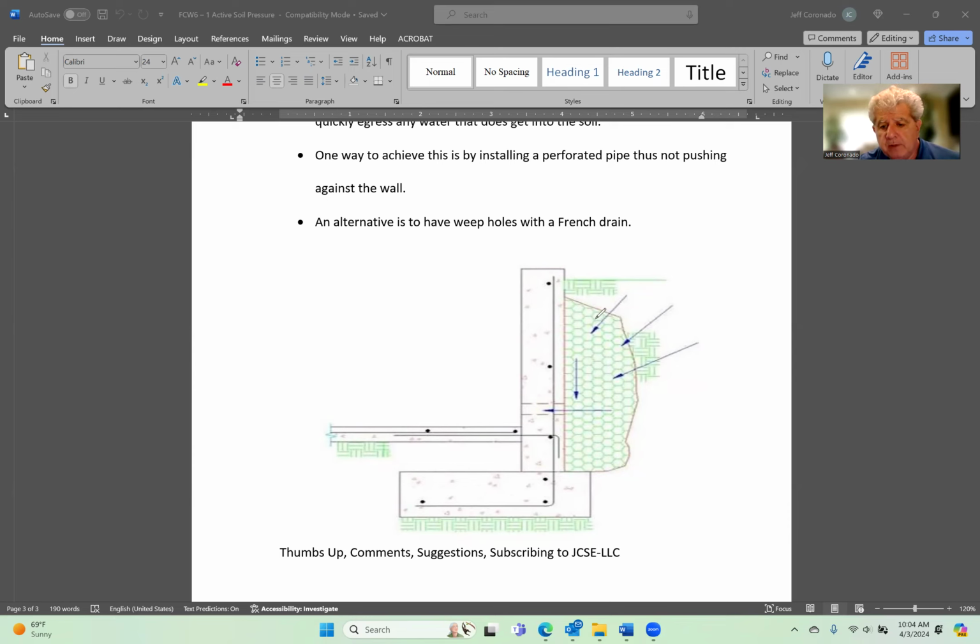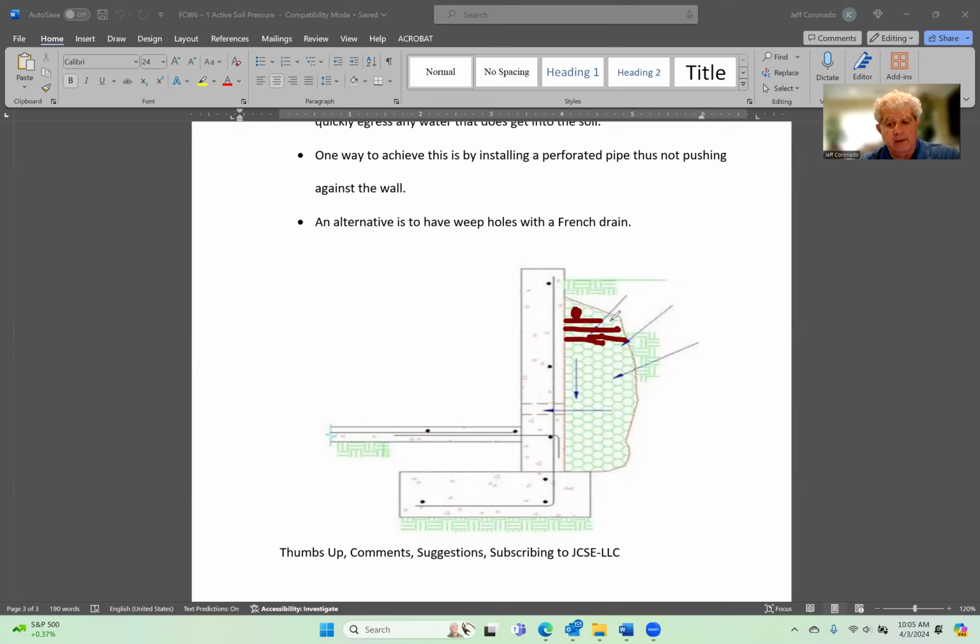And we put the French drain because we want the water to get out. If this were soil, if we didn't put the French drain and we only had soil against the wall, that water could potentially, especially if we have higher clay contents in the soil, struggle to free itself from the voids in the soil.